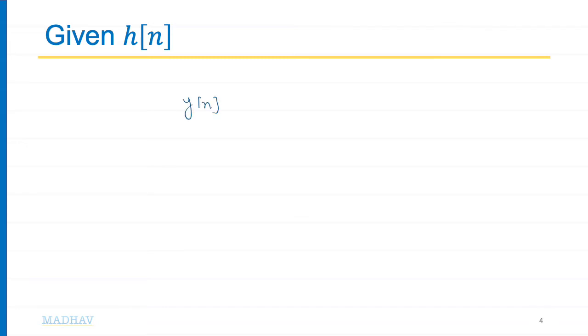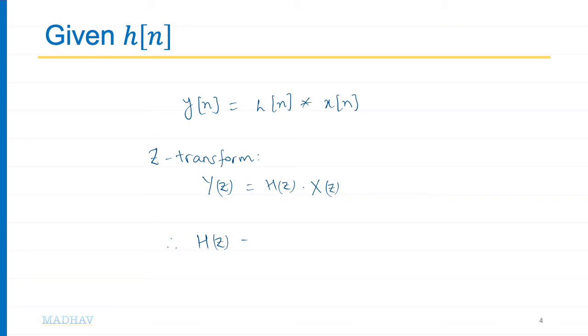It's simply y[n] equals h[n] convolved with x[n], and I simply take the Z transform of the whole thing, and I get Y(z) equals H(z) times X(z). So what is my transfer function? It's simply the Z transform of h[n]. So given h[n], just take its Z transform, and that is the transfer function.